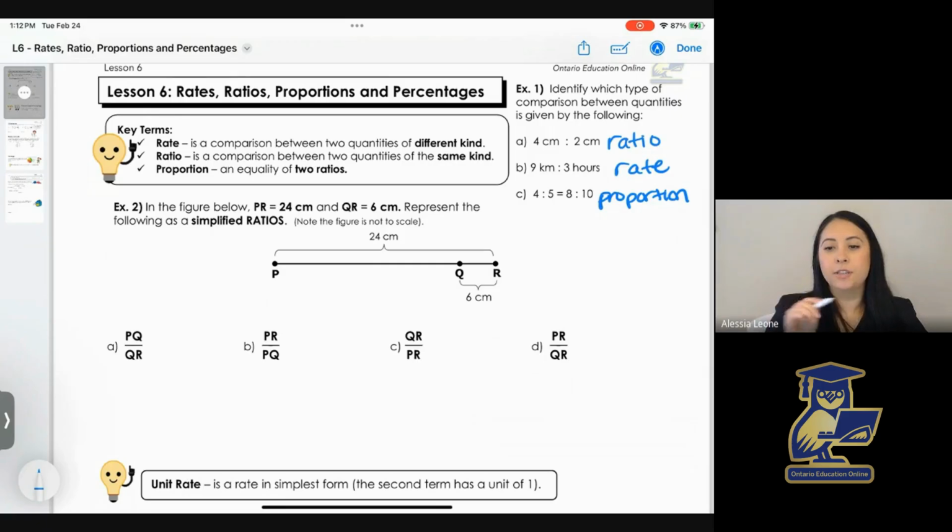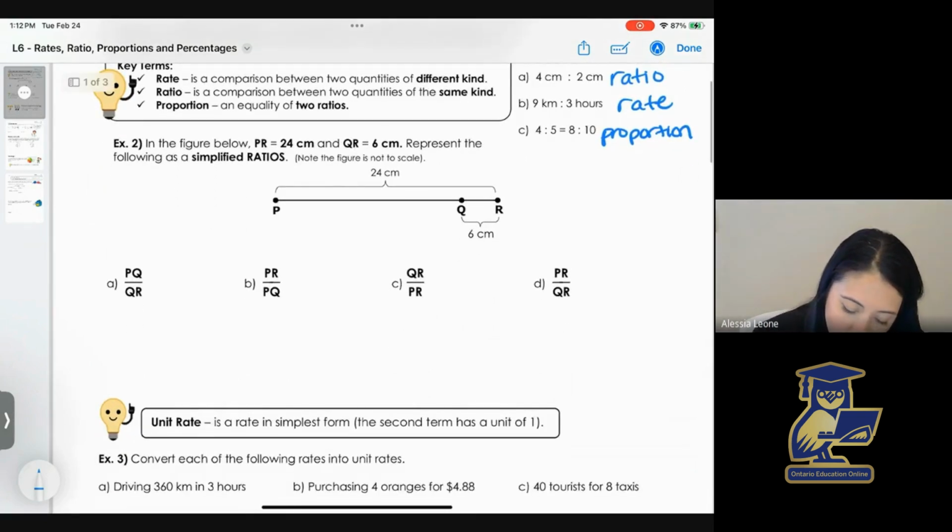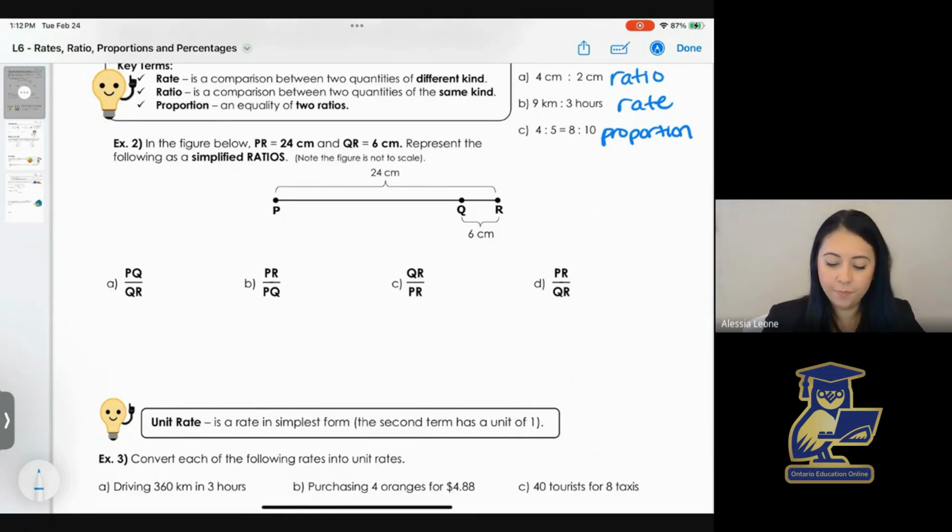So underneath there, you'll see our line, the PQR line. So in total, from P to R, you see that's 24 centimeters. And then they show us one part of the line, the QR is 6 centimeters. Underneath, it's asking us for different ratios.